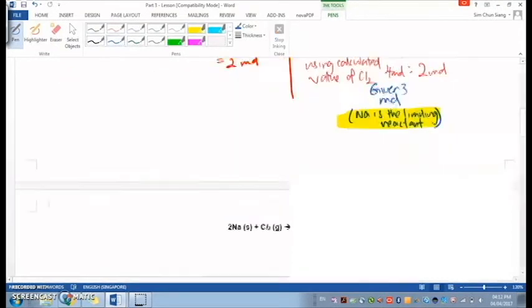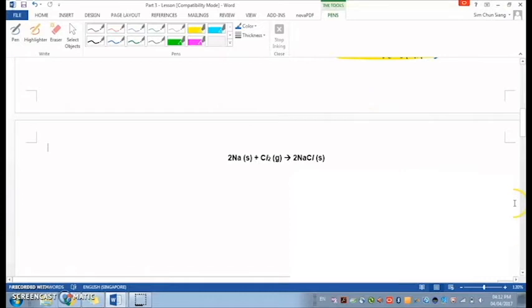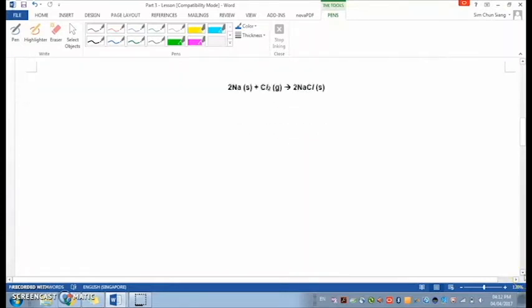Let us now move on to step 2B. Knowing that sodium is the limiting reactant, we will use its number of moles to find our unknown. Using the given and what we are going to find, remember to use sodium, which is the limiting reactant, as the given number of moles, and what we are finding is sodium chloride.